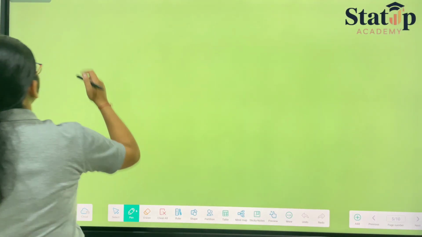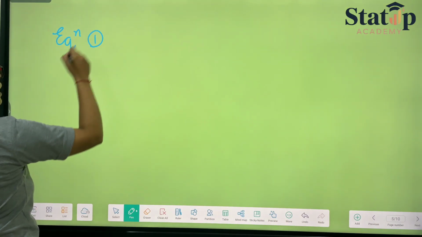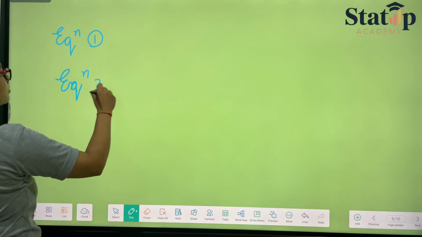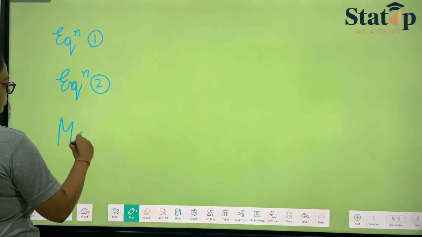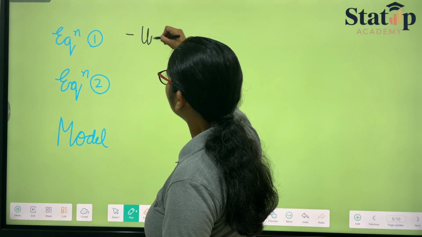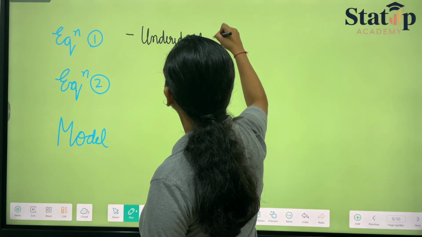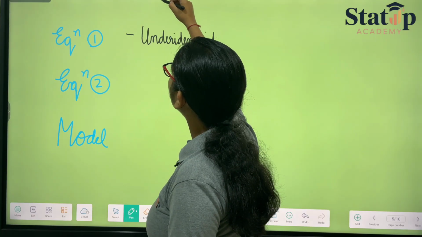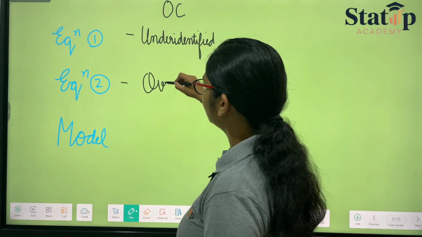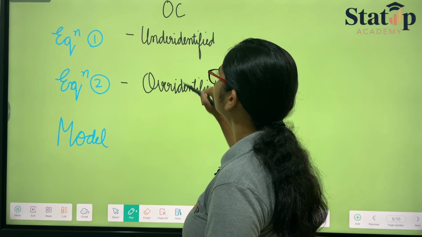Now we can see that equation 1 was under identified under the order condition, and equation 2 was over identified under the order condition.